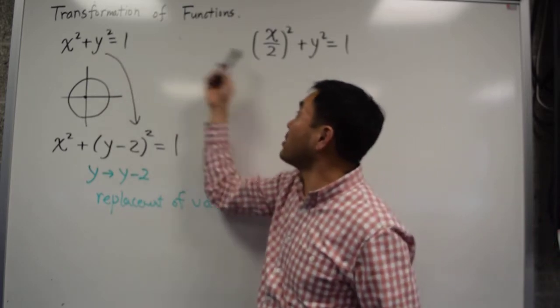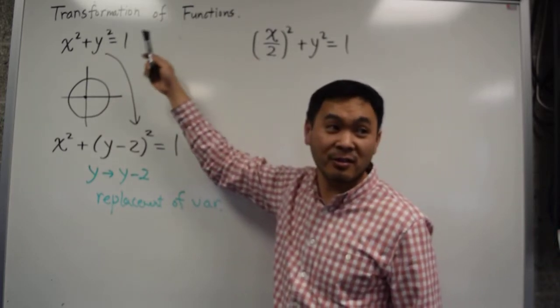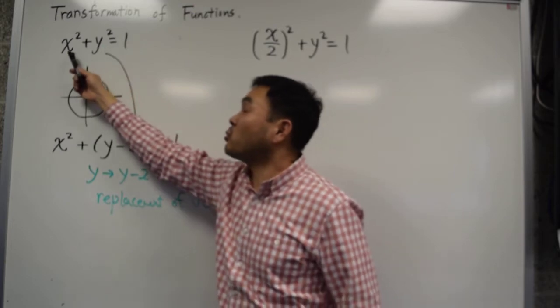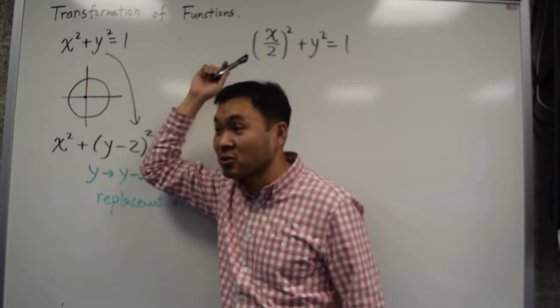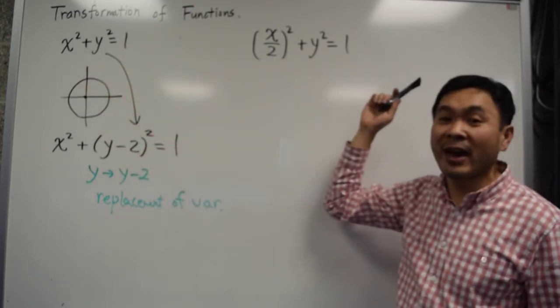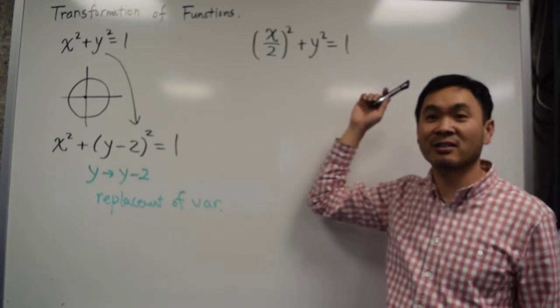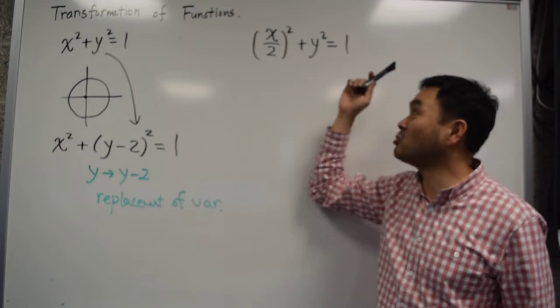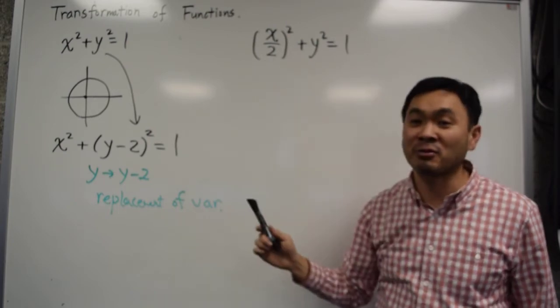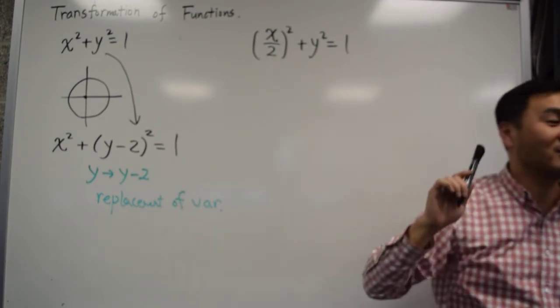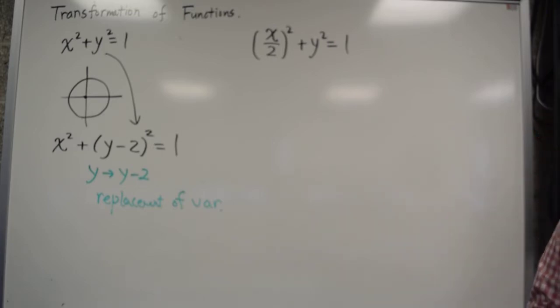From here to there, how do you get to here? Divide, change x. You're replacing x by x over 2. So would the graph act as it is, or would it act the opposite way? I said every time you do replacement, it will be opposite. So what's the opposite of taking half? Multiplying by 2.